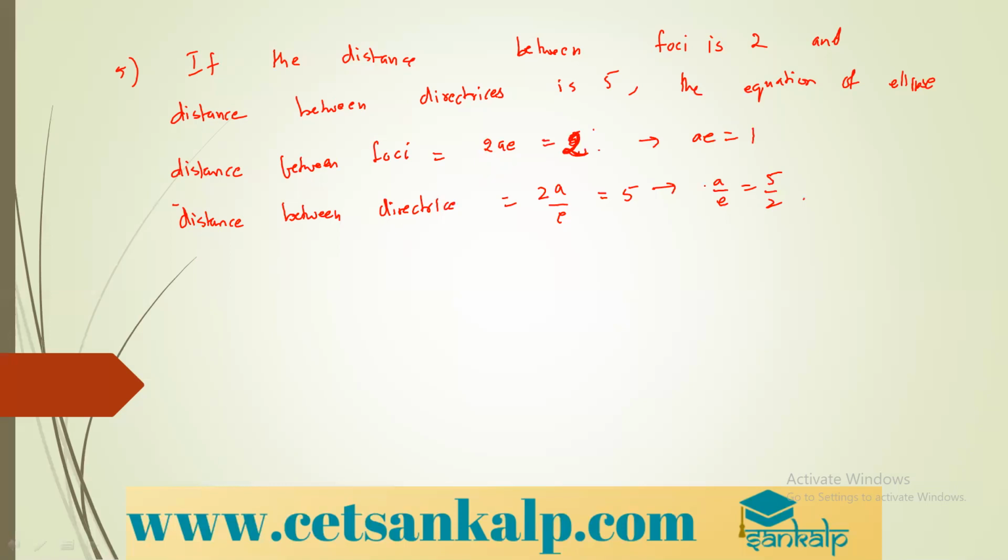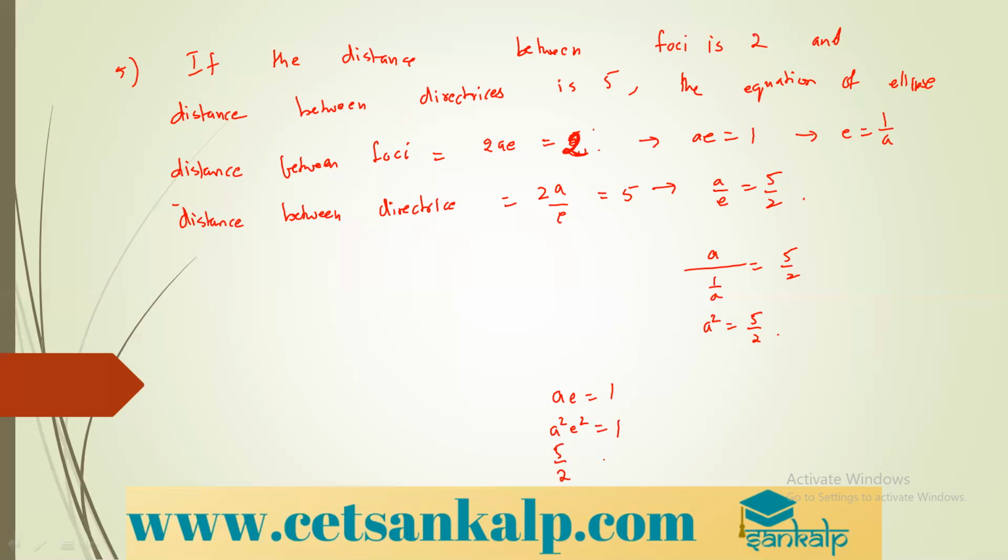So from this, you can write E as 1 by A, or I can write A square equal to 5 by 2. If A square is 5 by 2, I can find what is E. Because AE equal to 1, A square E square will be 1.